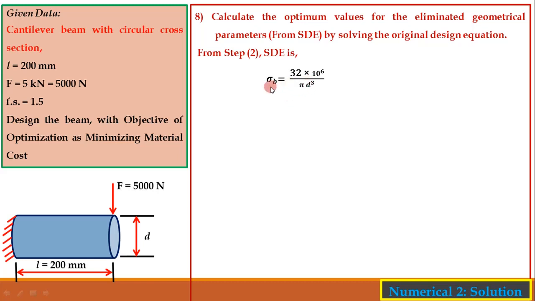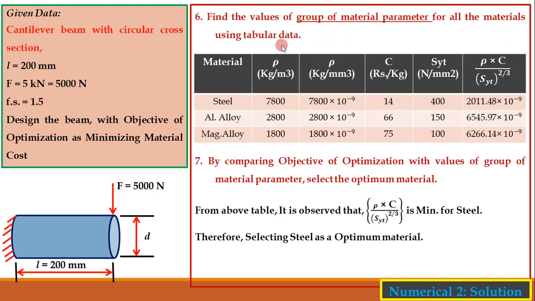So we know that sigma B is given by the equation SYT upon Fs. Here SYT for steel you can refer from the table, because we have selected steel. That means we have to use the SYT value for steel, which is 400.